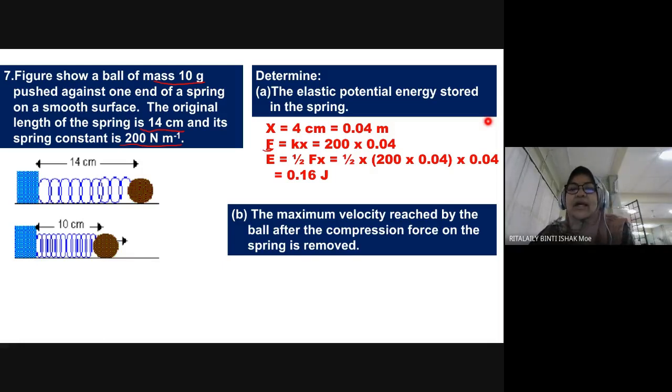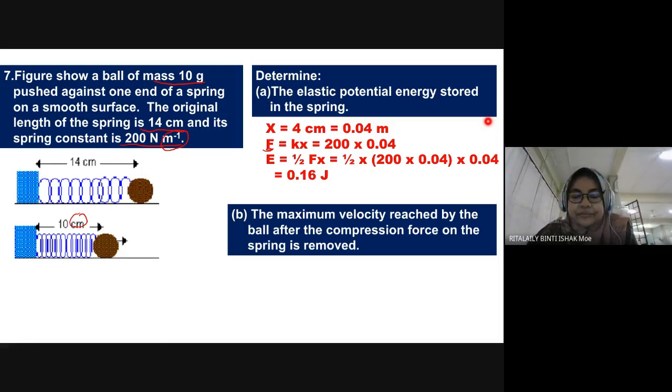Straight away we substitute the value into the formula. And before we can substitute the value, we must make sure all the unit is in SI unit, because the spring constant is in meter and the length of the spring is in cm. So itu kena tukar kepada meter.